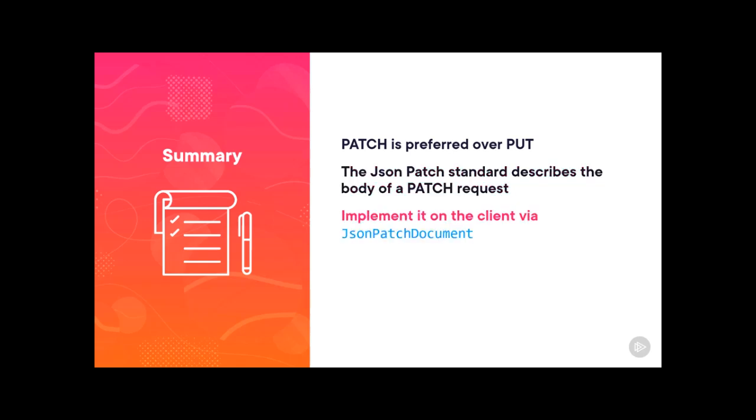To create such a patch document for use with HttpClient, we can use the JsonPatchDocument and related classes. Patch can be very powerful, but also very difficult to implement from the perspective of an API. Therefore, most APIs will not support changes that go deeper than one level.